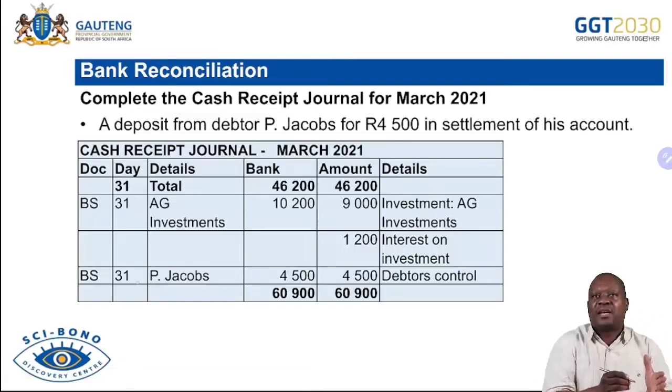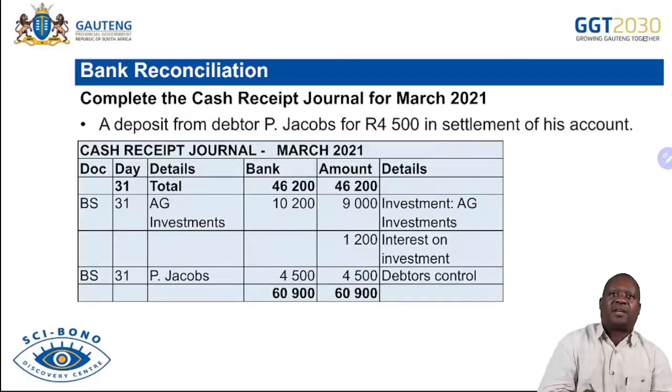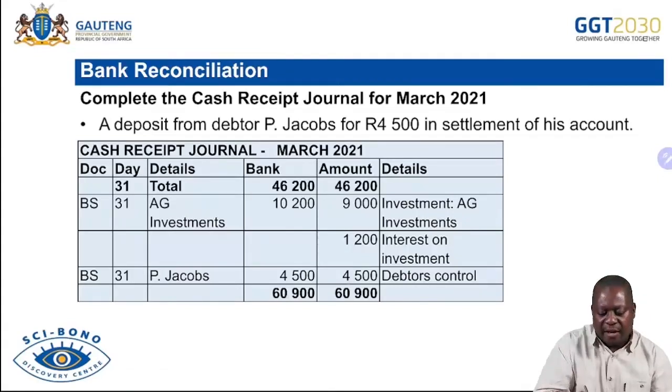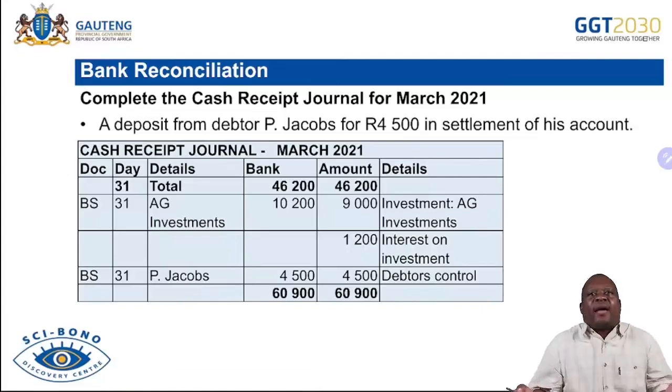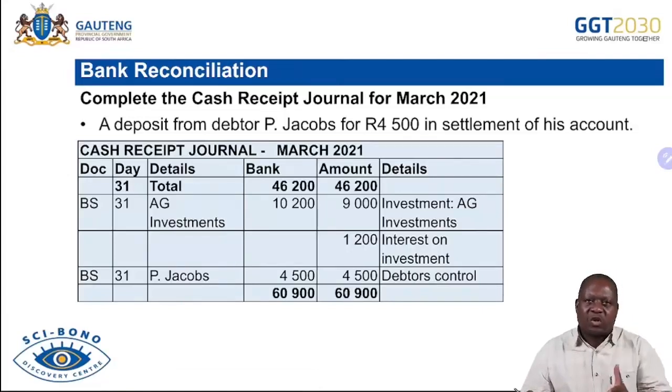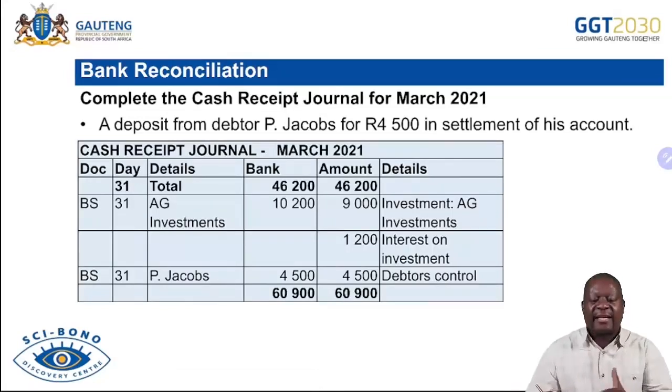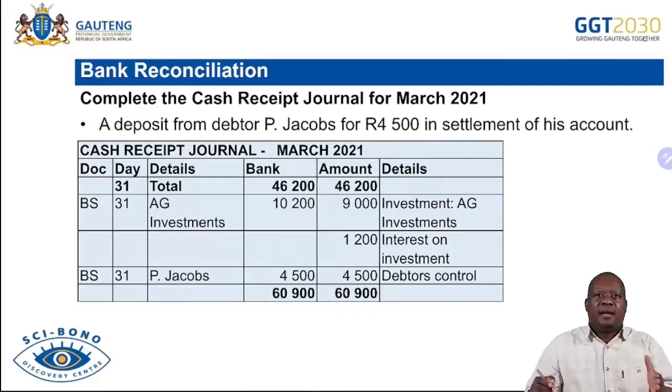Remember, the first detail gives us the name. And then how much? 4,500. We take it to the bank, and then in the sundries column, we are going to say this is 4,500, and from where? Debtors control, because a debtor is settling an account. Remember, anything that affects our debtors goes to the debtors control account.